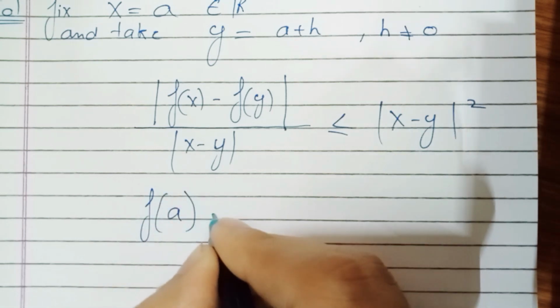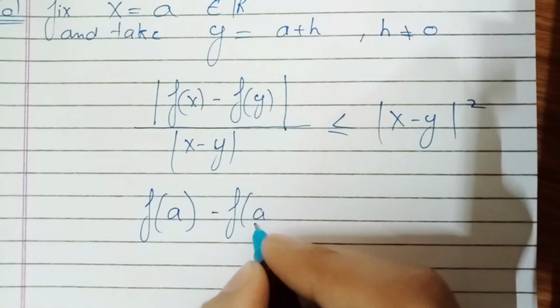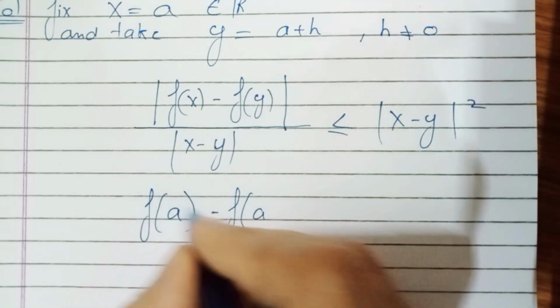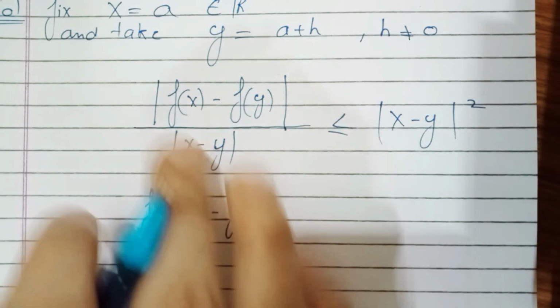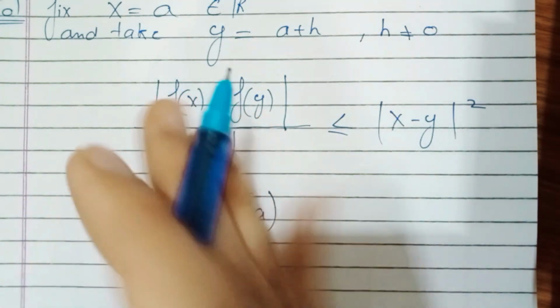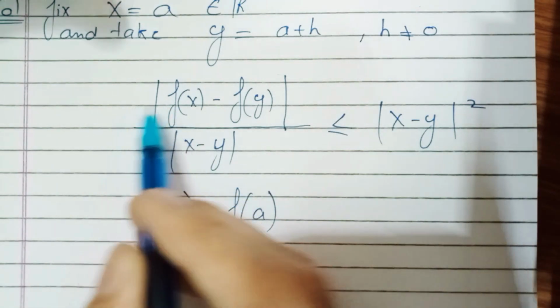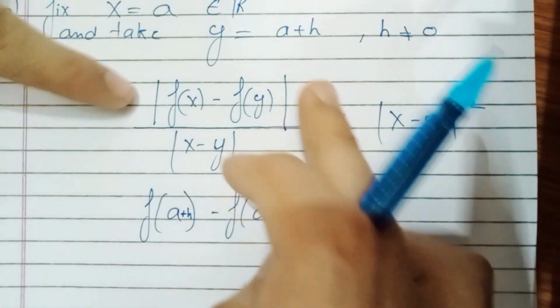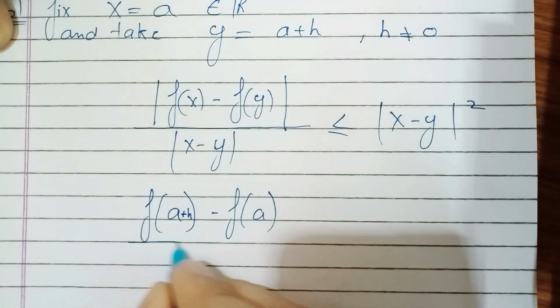Further, I should have written it in this form, a plus h. I can switch this because it's modulus. The minus sign which will come out will be nullified by modulus, so I can write in this form, and this will become just h.